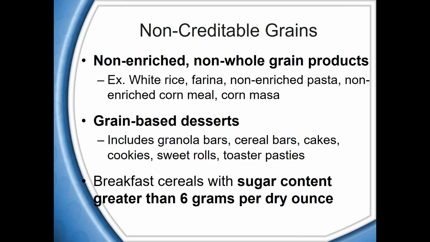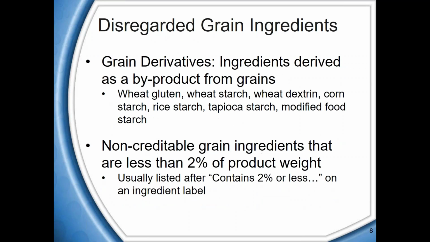Common non-enriched and non-credible items include white rice, farina, non-enriched pasta, and non-enriched cornmeal. Non-credible grains also include grain-based desserts, such as granola bars, cereal bars, cakes, cookies, and toaster pastries. It also includes breakfast cereals with sugar content higher than 6 grams of sugar per dry ounce.